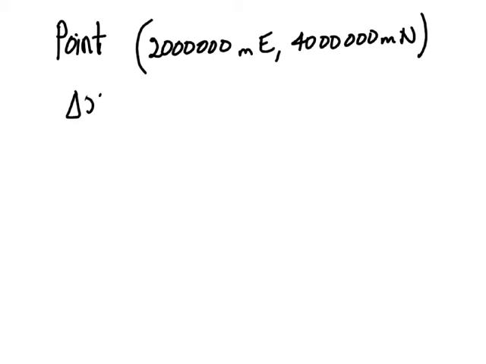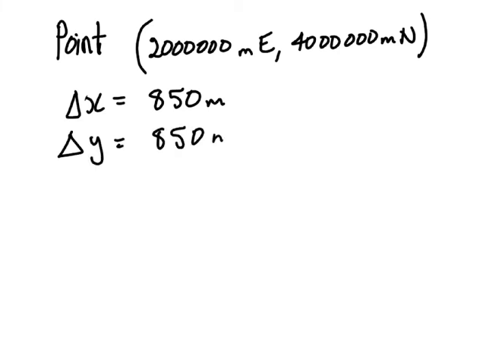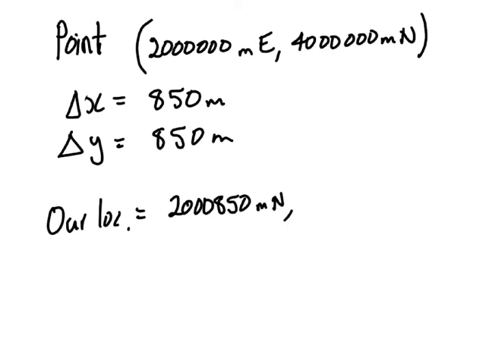We know delta x equals 850 meters, and we know that delta y equals 850 meters. Therefore, our location equals 2,850 meters north, 4,850 meters.